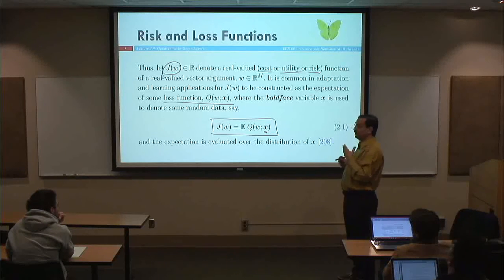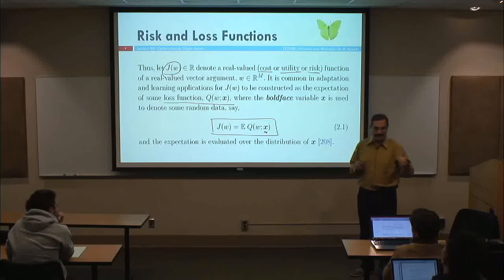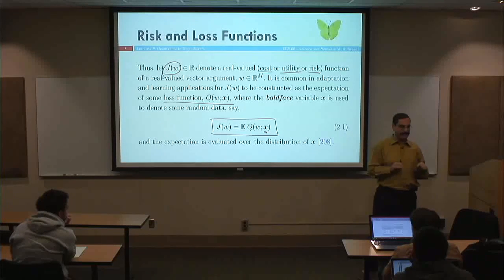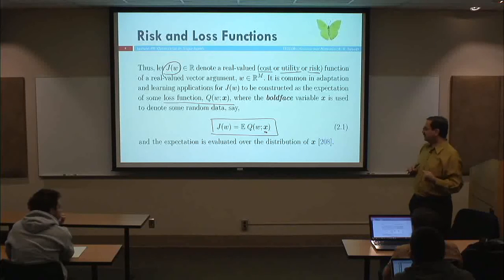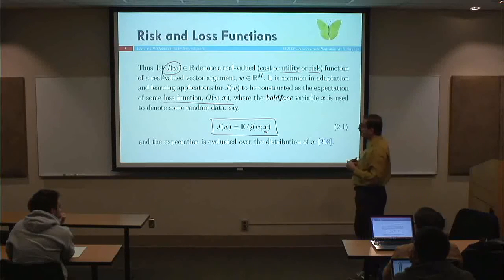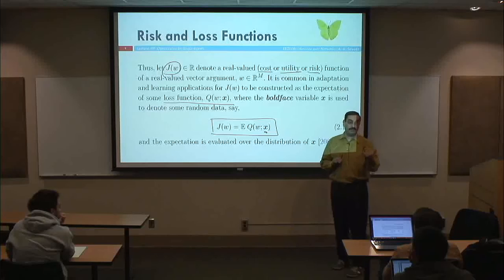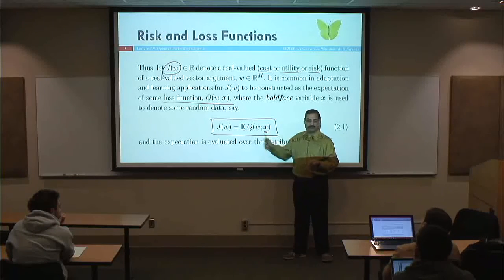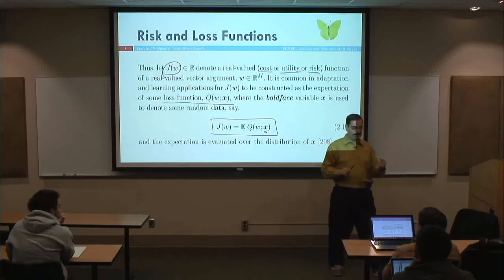Now, in this course, we're interested not only in optimization, which is optimizing J, and that's what we are going to be doing in this lecture, but in the next lecture I will be interested in a situation where I actually do not know J. Because to know J, you need to know the distribution of the data to compute the expectation.